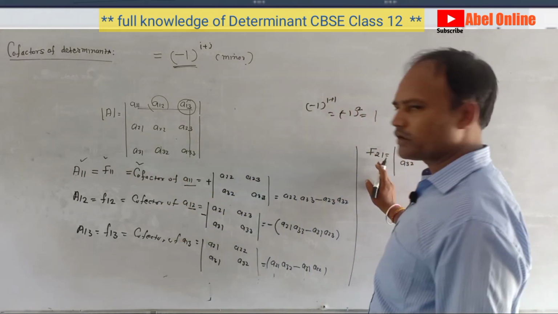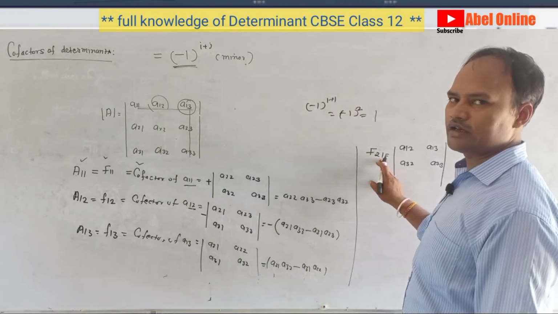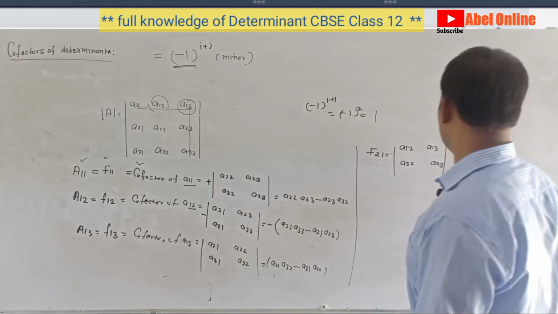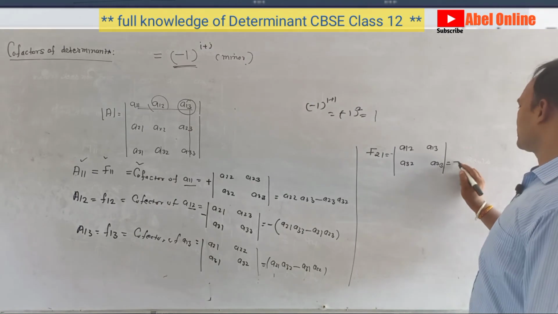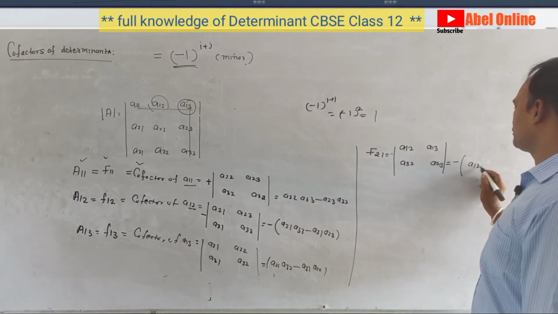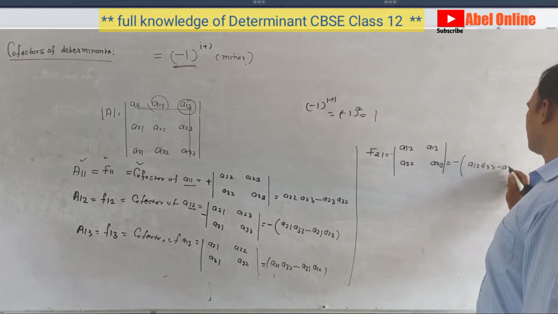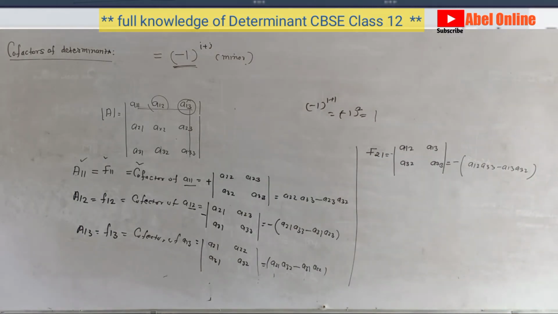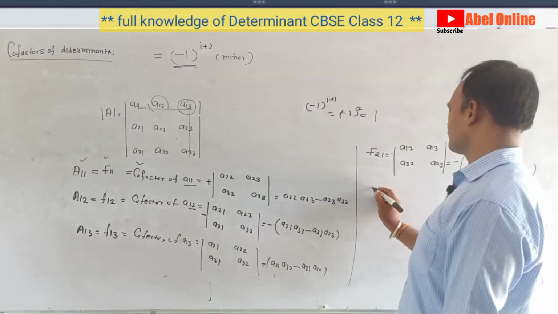Look here, 2 plus 1, it is a 3, so it is an odd number. So use a negative sign. The remaining part is A12 A33 minus A13 A32. It is F21.